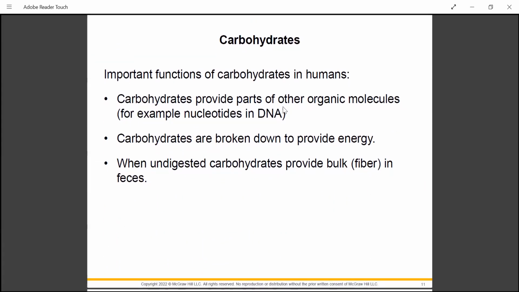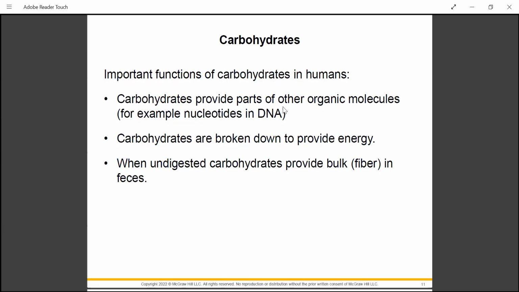So when you see the term carbohydrates, the first thing you should think of is energy. Carbs are our main energy source. We also use carbohydrates to provide parts of other organic molecules. One example of this is our nucleotides in DNA. So it can make up some of our other organic molecules.